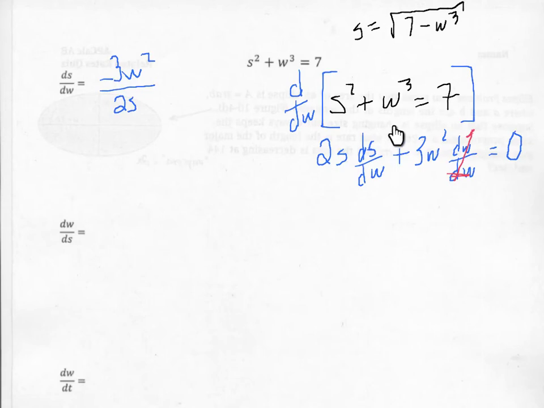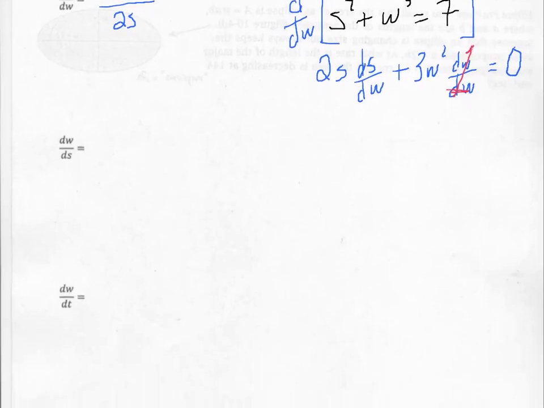All right, so the short way to do this second problem here, again, I'm just going to rewrite this: s squared plus w cubed equals 7. I'm now looking for the derivative of this with respect to s.